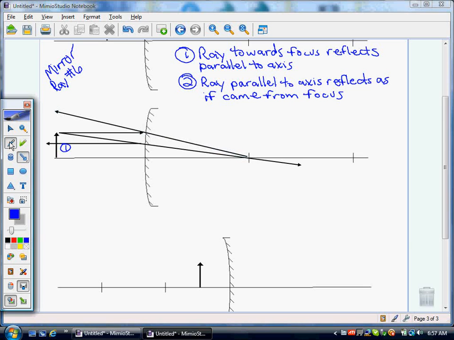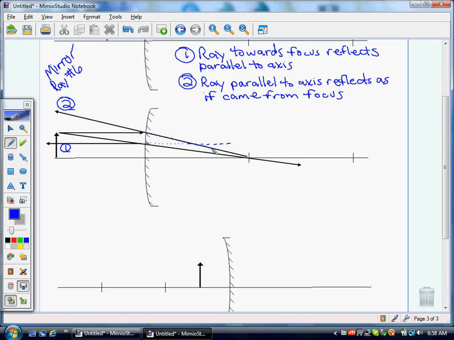Now if I look at these two, ray 1 and ray 2, if you look at ray 1, is it ever going to converge with ray 2 on the object side of the mirror? And the answer will be no. So what I'm going to do here is actually extend the reflected lines, and here is that extension.